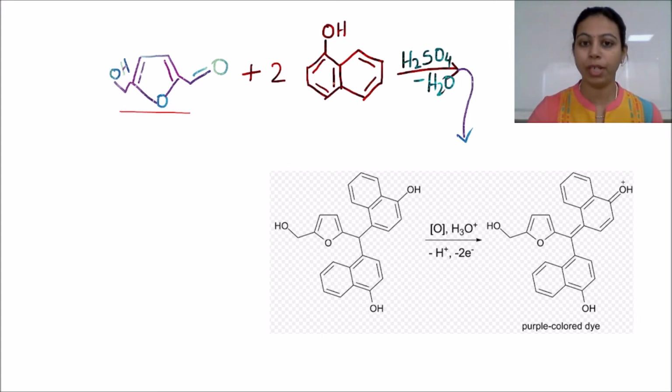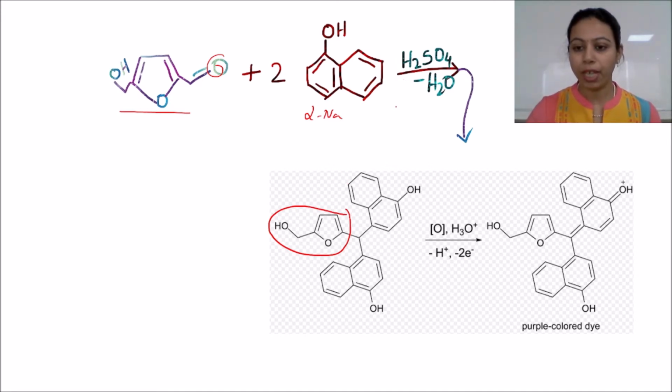When this reacts with alpha naphthol, it will bind with this oxygen, and you can see another molecule is also binding together. This is the furfural formed in the previous reaction. On reacting, a purple colored dye will be formed.